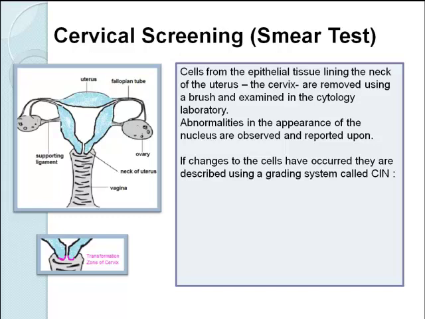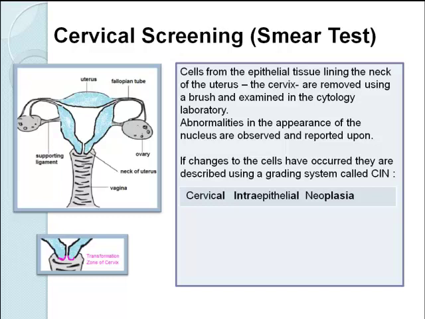If changes have occurred in the cells, they are described using a grading system, and this is known as CIN, which stands for cervical intraepithelial neoplasia. We can break this down. Cervical means relating to the neck, as in the neck of the womb. Intraepithelial, the AL relates to relating to.